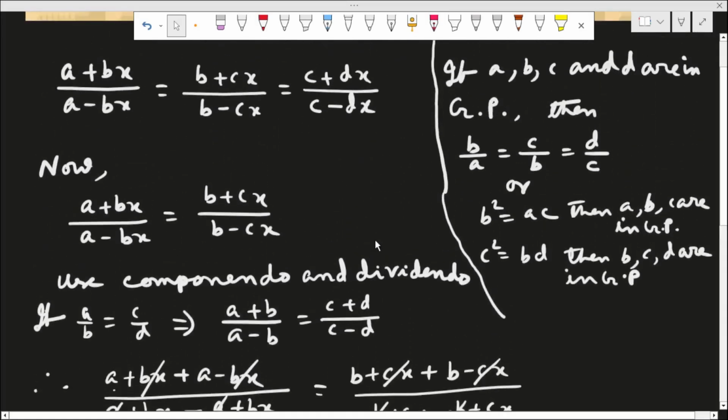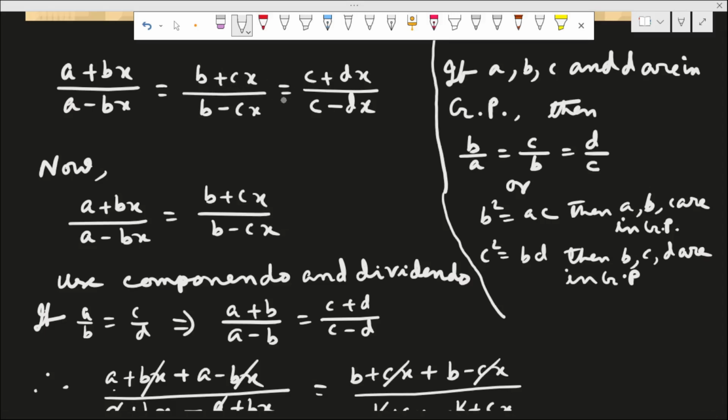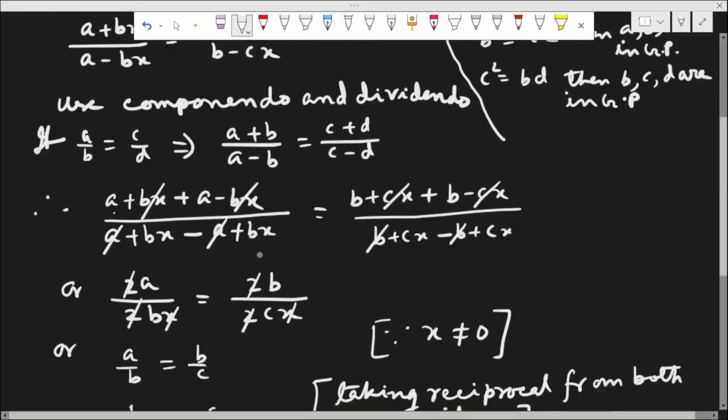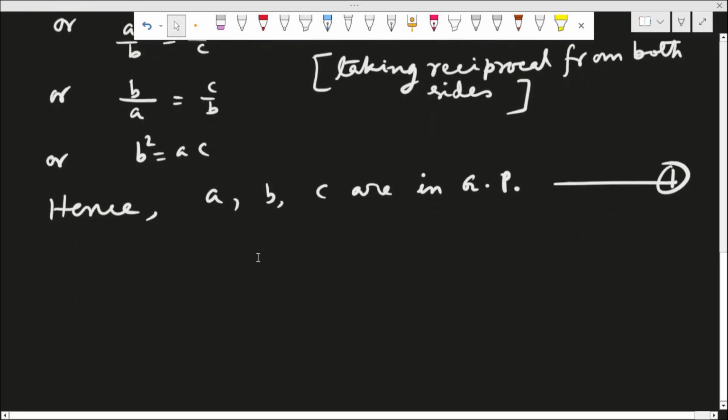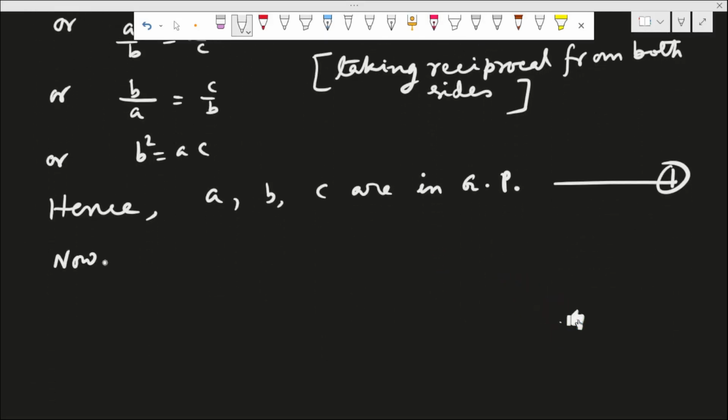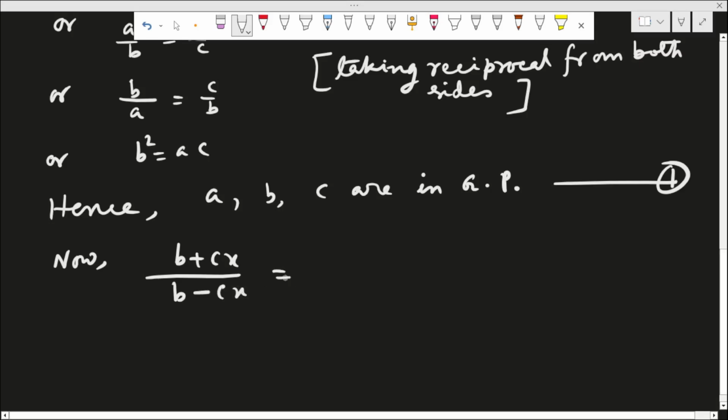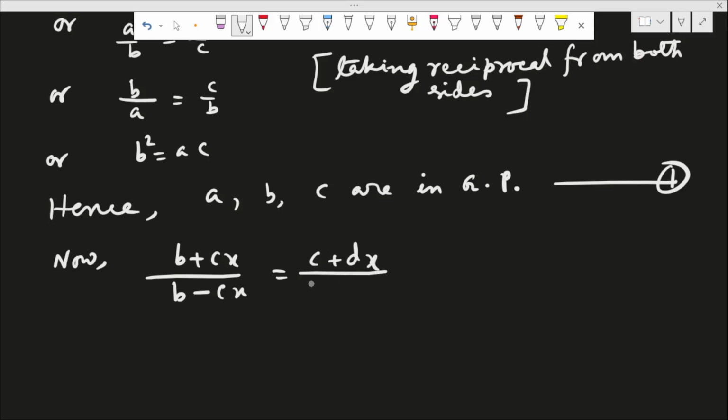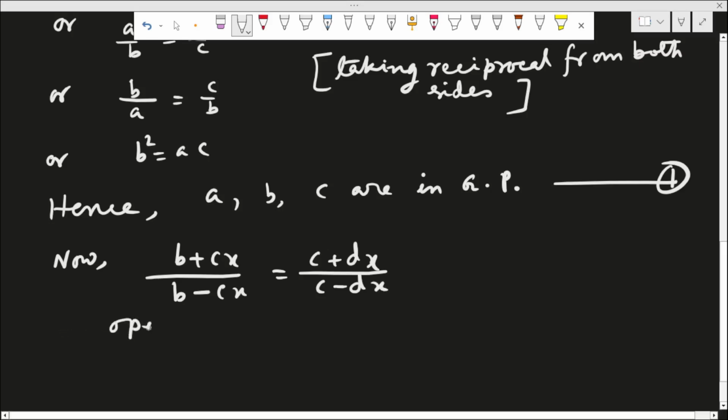Now consider these two terms, or equality involving last two terms. Now B plus Cx, following same process, operate.